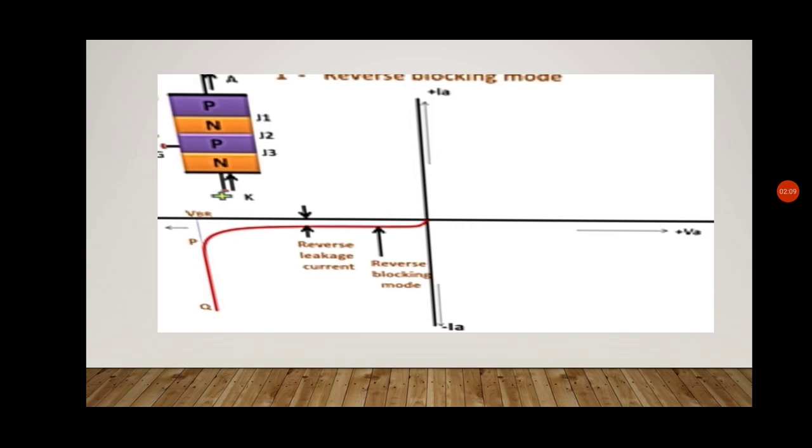The second is the forward blocking mode, and the third is the forward conduction mode, which is the on state of an SCR. So, the static characteristics has 3 modes of operation. Now we start with the reverse blocking mode.